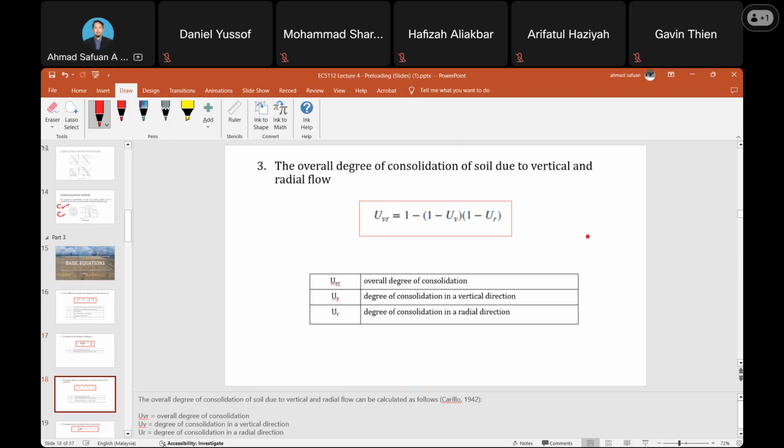If we don't have the vertical drain, then we don't need to use these methods. We just calculate the UV by using the UV equation, because UV and UR have their own separate equations.